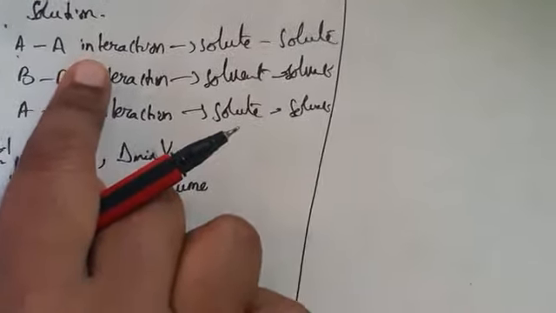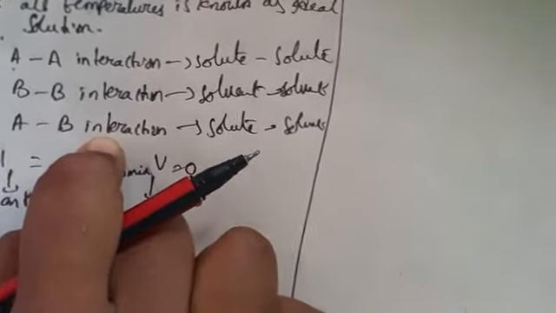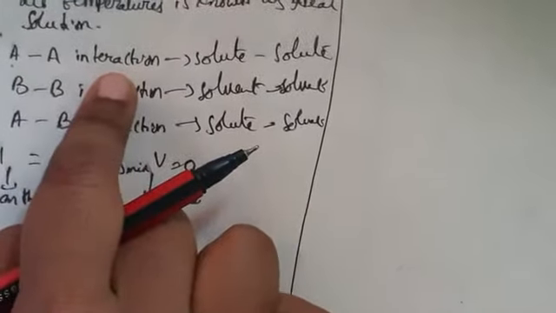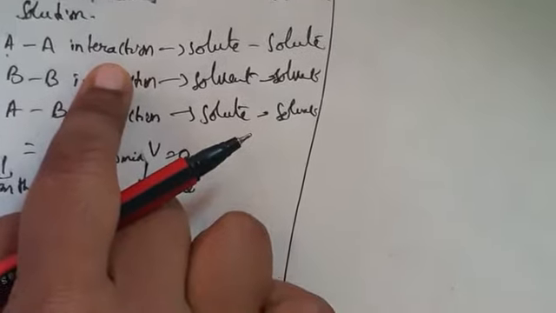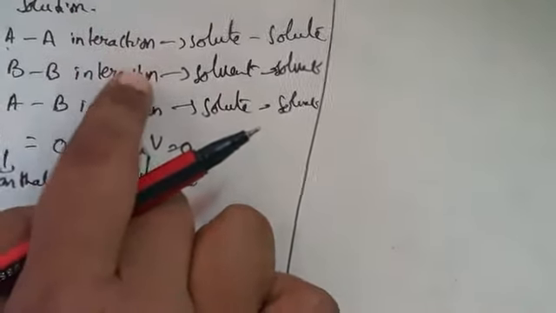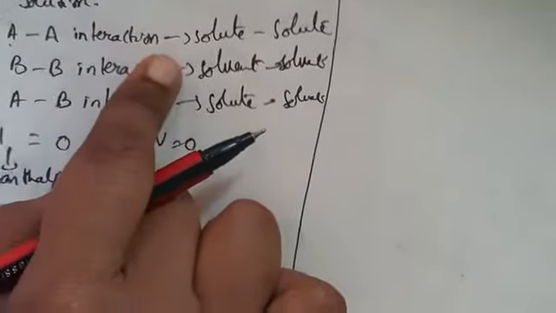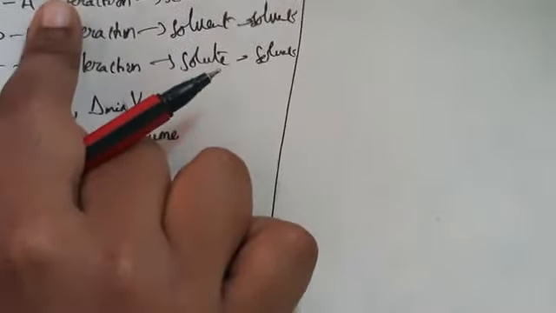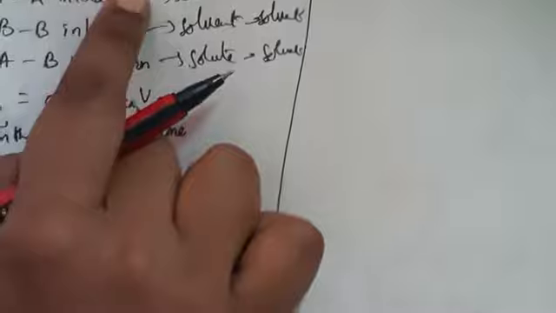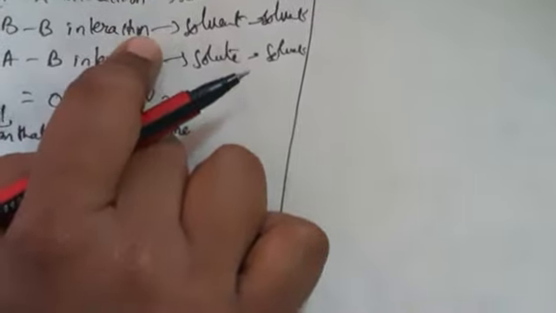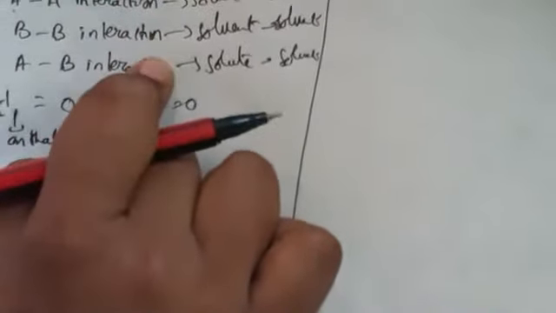If the AA molecular attractions are similar to the BB molecular attraction forces, then in such a solution the force of attraction between A molecules is similar to the AA attraction or BB attraction.